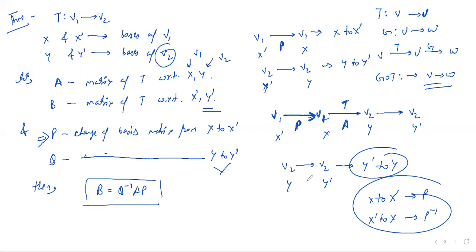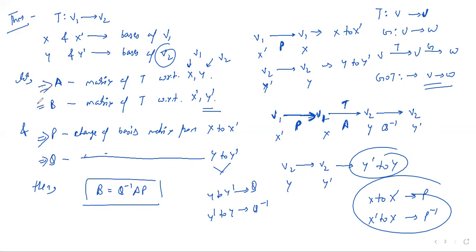Similarly, for y to y dash the matrix is Q, and the change of basis matrix from y dash to y will be Q inverse. So these are the mappings performed here, and we have taken P and Q into account.